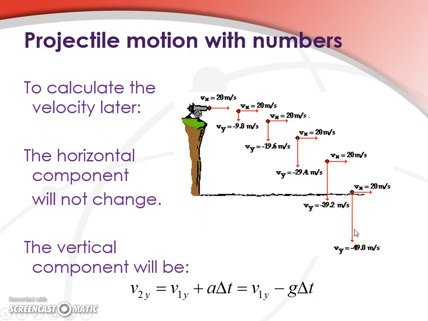And in this case, it's essentially a trivial exercise to go through and find v2y from v1y plus acceleration times the hang time. And this is a pretty standard equation that we're going to use over and over again.